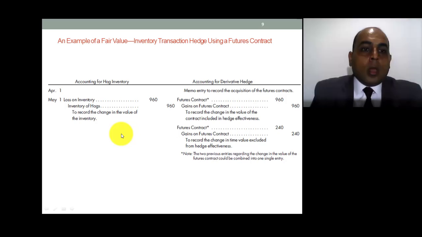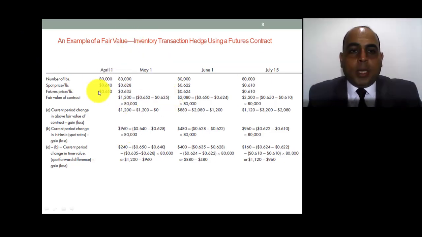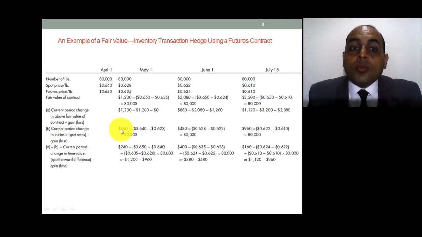So we have a loss because we are holding the inventory and the prices have dropped from 0.64 to 0.628. Because of holding the inventory, we are exposed to a loss of 960. So you have to record this amount.